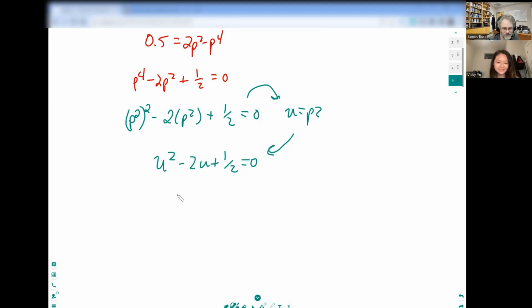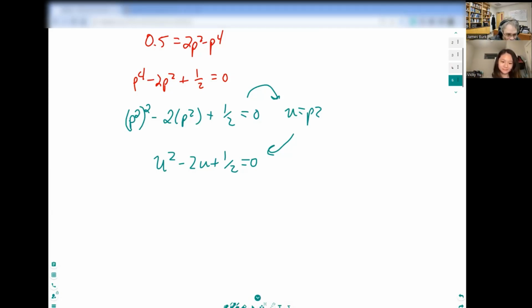Yeah. How would you do it? I need to assign like A, B, and C. So it'd be 1, and then -2 and 1/2.